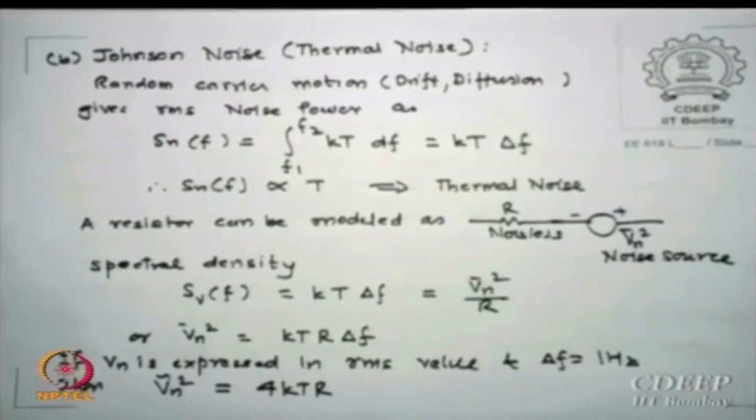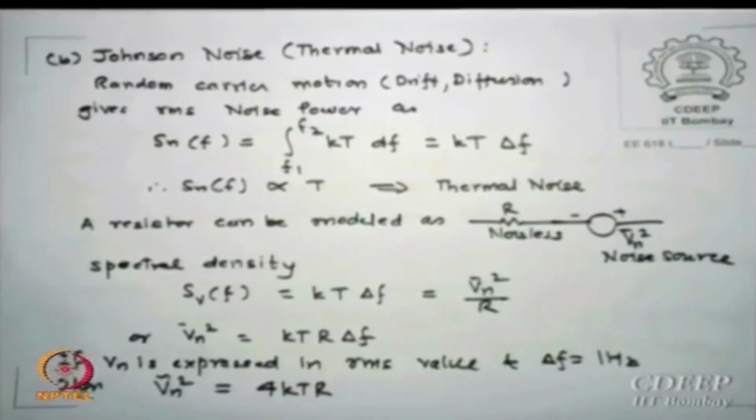That can be expressed as the noise spectral power SNF, taken from a frequency of F1 to F2, where kT is the thermal energy, and then it gives you a spectral density of kT into delta F. And obviously since SNF is proportional to T, this is a thermally dependent noise. So the larger the temperature, the larger the noise component.